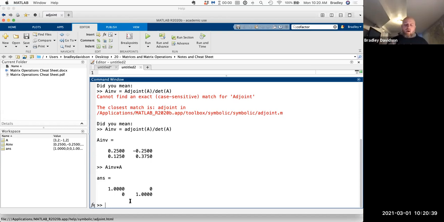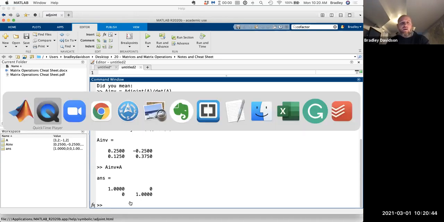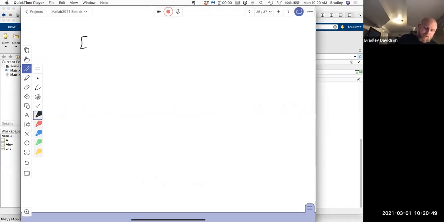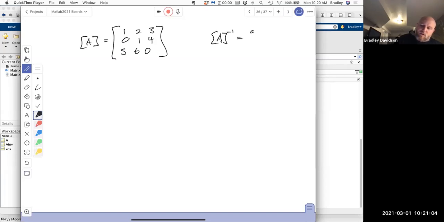Okay. So I want to walk through an example with a 3x3, just so you can see where this is coming from. And I'm going to pick the system that we talked about last time, where we have A equal to 1, 2, 3, 0, 1, 4, 5, 6, 0. And then remember, we want to find the matrix inverse, where we're getting the adjoint of A divided by the determinant of A. And so we need to come up with the matrix of minors to begin with.